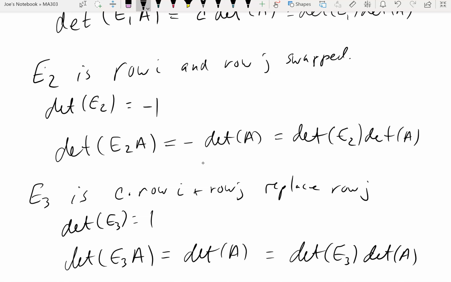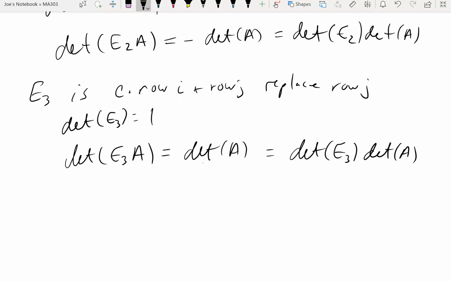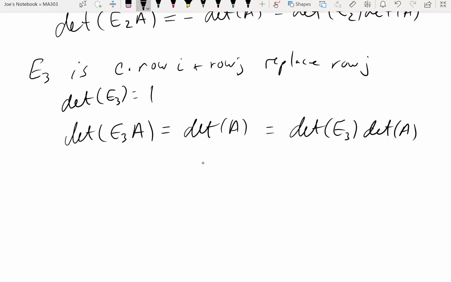So let's see if we can continue with this. Well, what do we know about invertible matrices? If a matrix is invertible, how can we write that matrix in terms of elementary matrices? It's a product of them, right? So let's do 2 cases. Case 1: A is invertible.